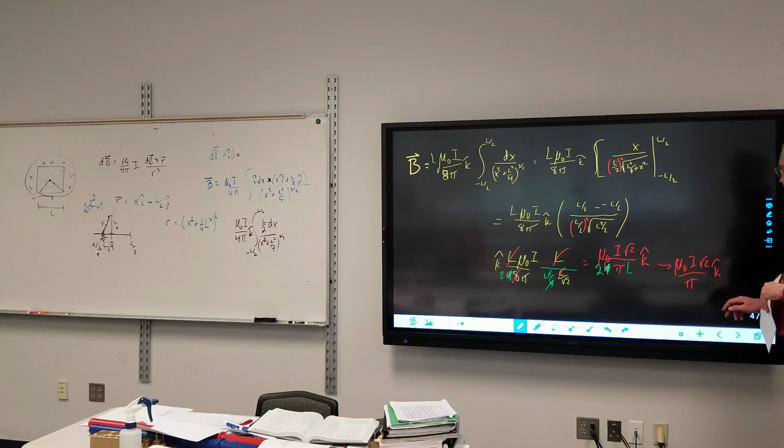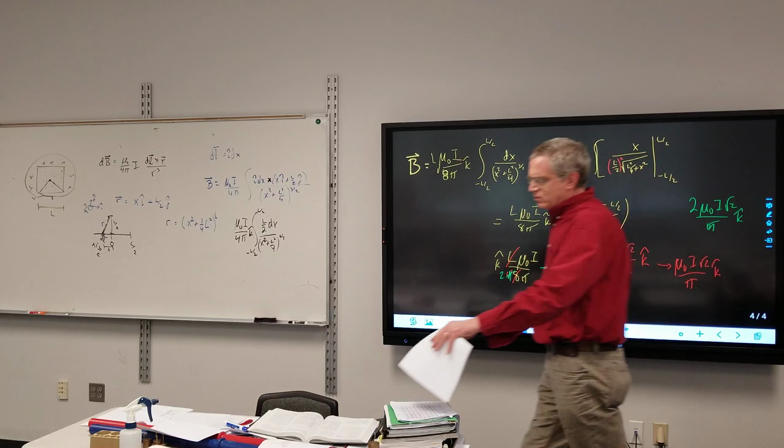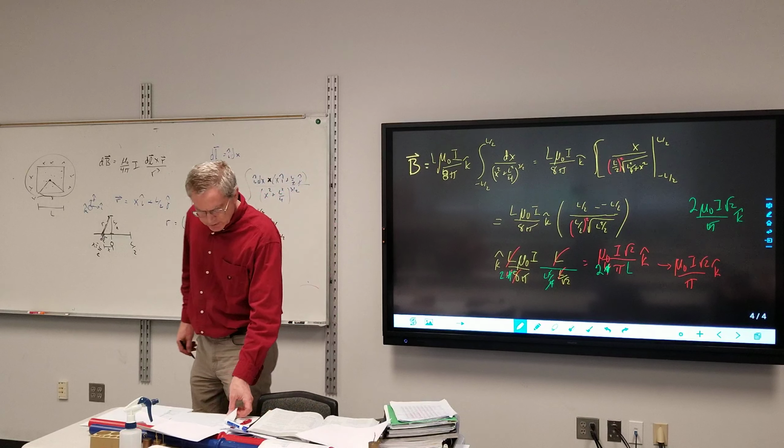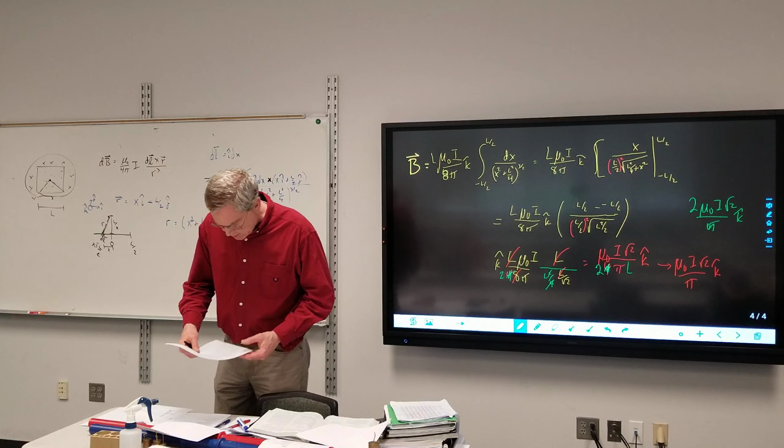Then when I multiply by 4, I get 2 mu naught I radical 2 over pi L k hat, which I believe matches their answer, although they left the answer, unless it continues on the next page, which it does not.